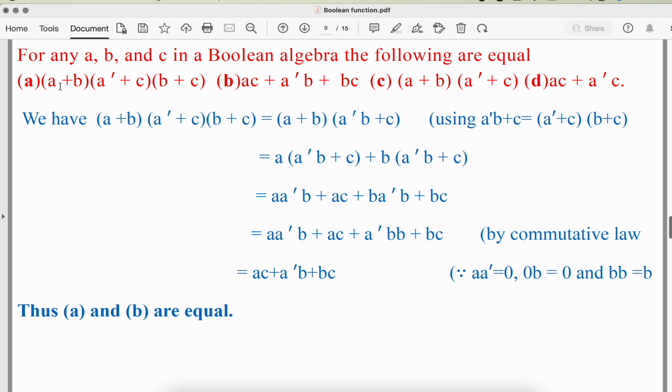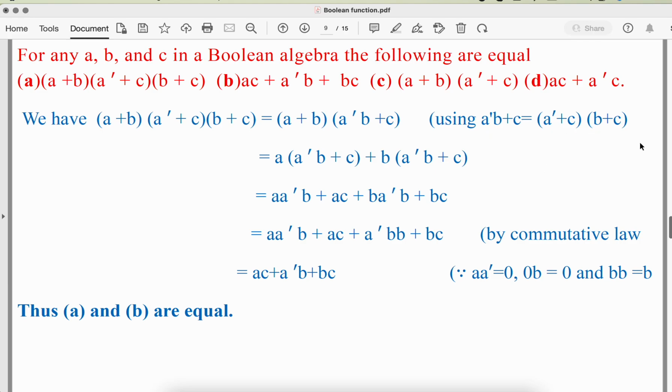So first of all we will consider the first one, (a + b)(a' + c) + bc. Here again I am using the condition (a' + c)(b + c) is equal to a'b + c.